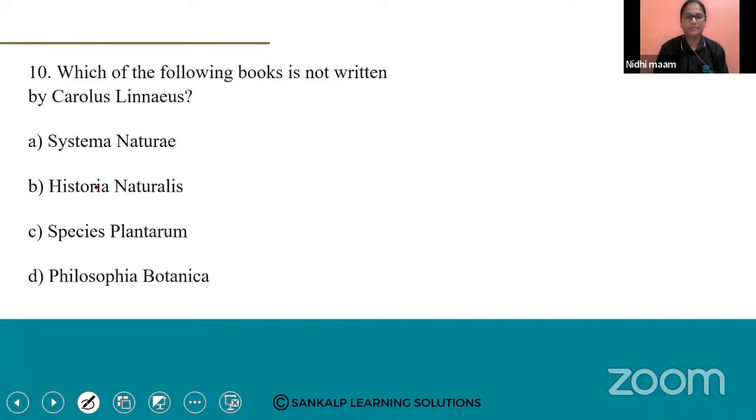Next question. Which of the following books is not written by Carolus Linnaeus? Read the options properly, and the question is, it is not written by Carolus Linnaeus. Systema Naturae, Historia Naturalis, Species Plantarum, Philosophia Botanica.